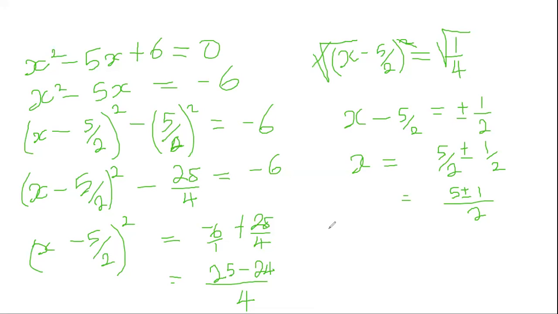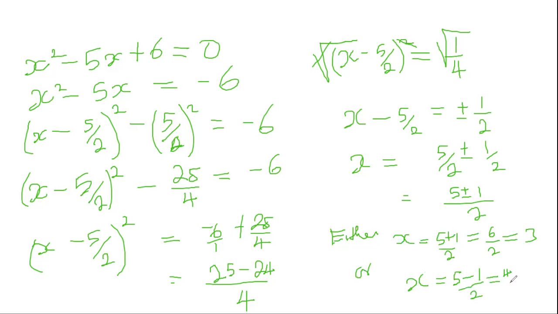So one of the values of x will be 5 plus 1 divided by 2. So this will be 6 divided by 2, which is the same as 3. Or x is 5 minus 1 over 2, which is 4 over 2, and this gives us 2.